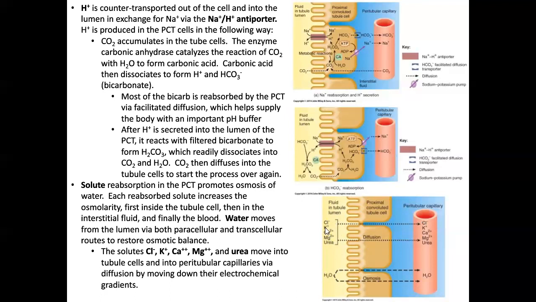If, for example, they move into the cell that forms the tubule, water is going to chase after it. And if it moves from the cell and into the interstitial space, water is going to move there. And then if it makes its way into the blood, guess where water is going to go? Water always tries to chase and dilute, if you want to think of it this way, solutes.